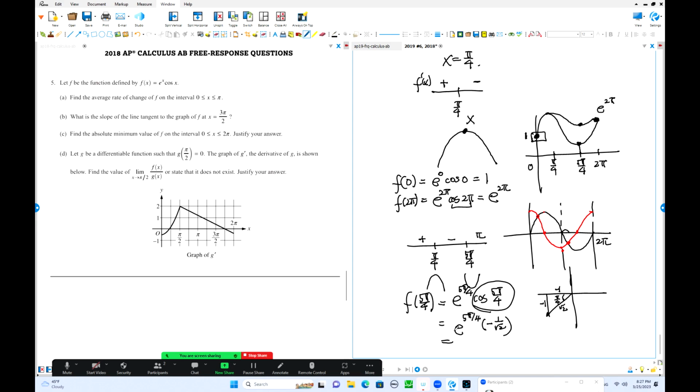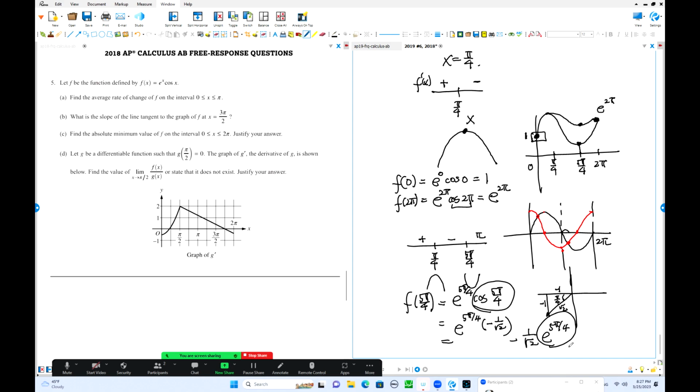This one equals how much? Negative 1 over root 2 times e to the 5 pi over 4. But this is much greater than 1, okay? Because we cannot use a calculator, how much greater we don't know. This one is a little hard. That is not a good question, I think.